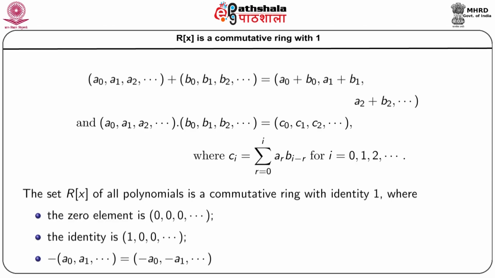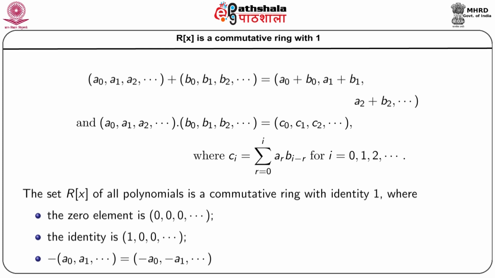And naturally, the definition of addition should be set as a0, a1, a2 and so on, plus the second polynomial b0, b1, b2 and so on, equal to a0 plus b0, a1 plus b1 and so on.